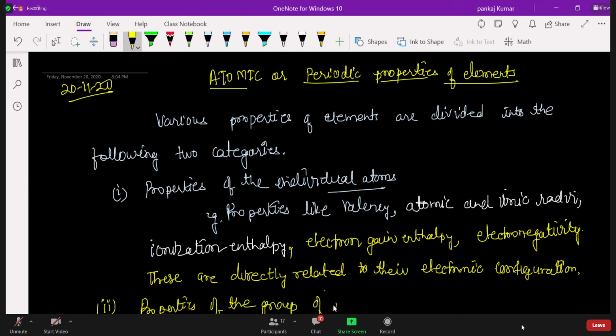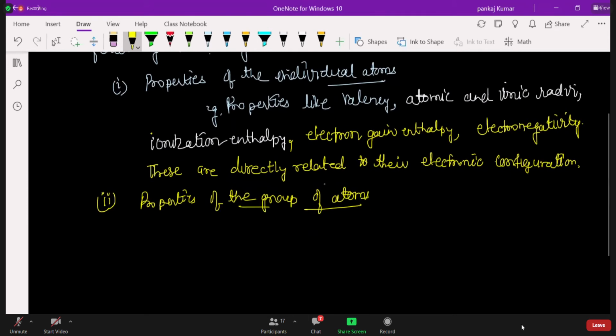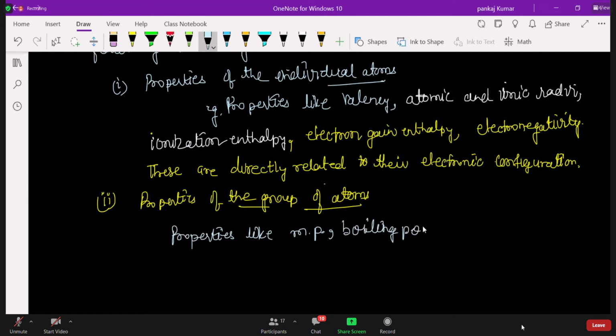Here we have properties like melting point, boiling point, heat of fusion, heat of vaporization.